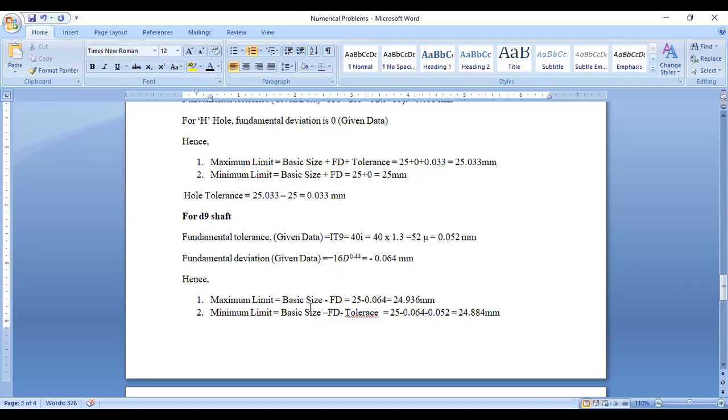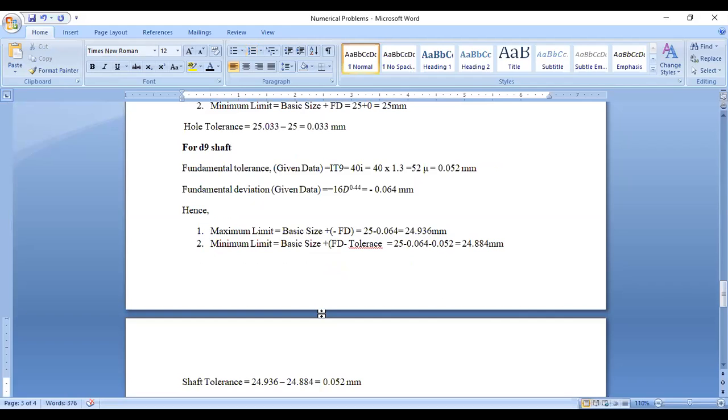Or else, instead of writing this, you can directly write a plus sign and put the fundamental deviation in brackets as negative. Here also it will remain the same, plus, but this minus you have to subtract. Here again, after adding these two values, you have to subtract.